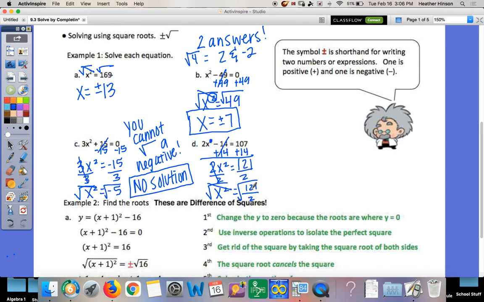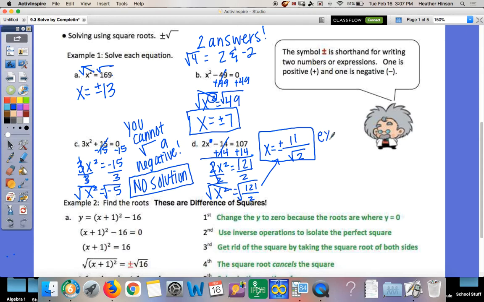We do know the square root of 121, and we can actually split this up. These are rare, but occasionally you can split them up. What's the square root of 121? Well, that's 11. We don't know the square root of 2, so we just leave that square root of 2. And of course, it's always going to be positive and negative. So you're going to have x equals plus or minus 11 over square root of 2. You can always split these up.